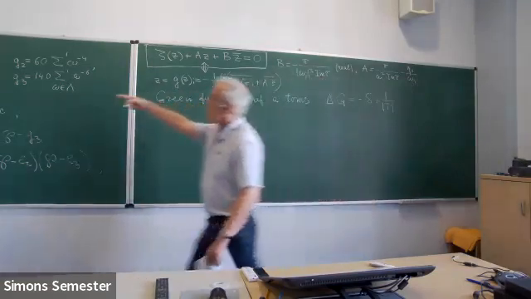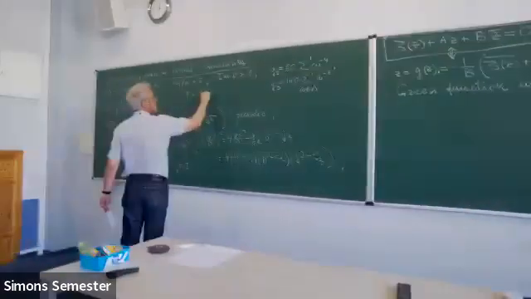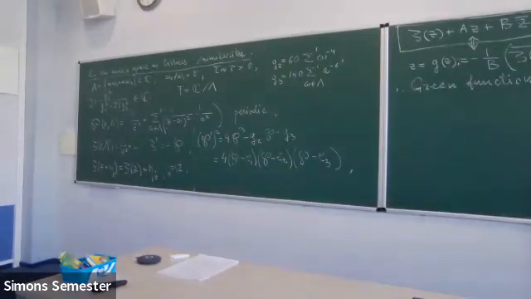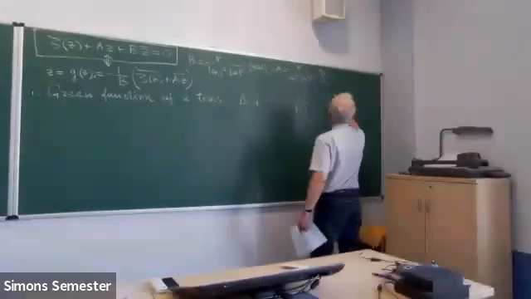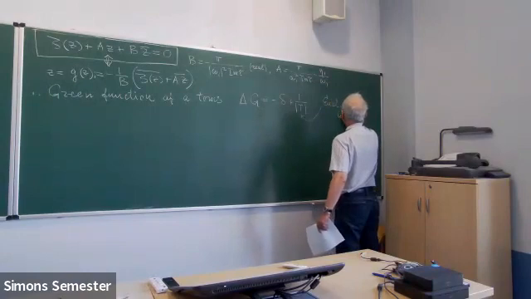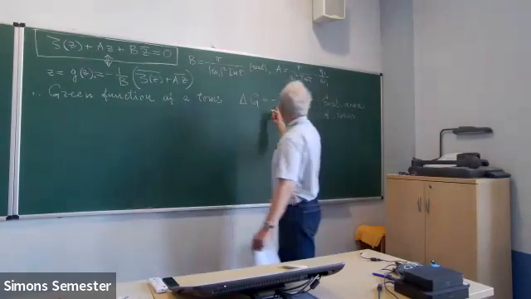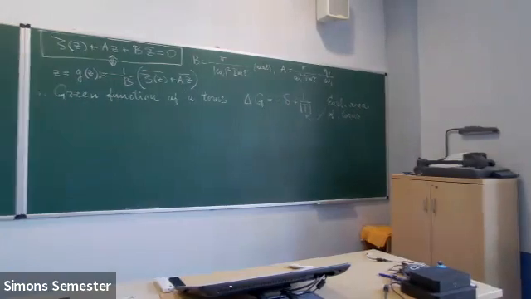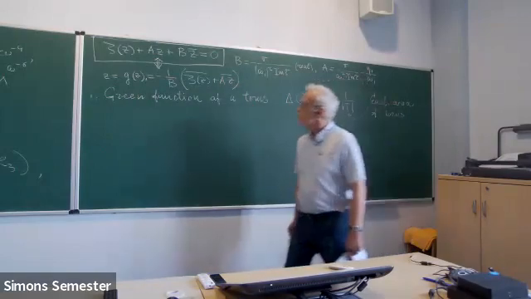The torus here is the factor C over the lattice, and this is the Euclidean area. By definition, this is called the Green function of a torus. So the question is, how many critical points does it have?